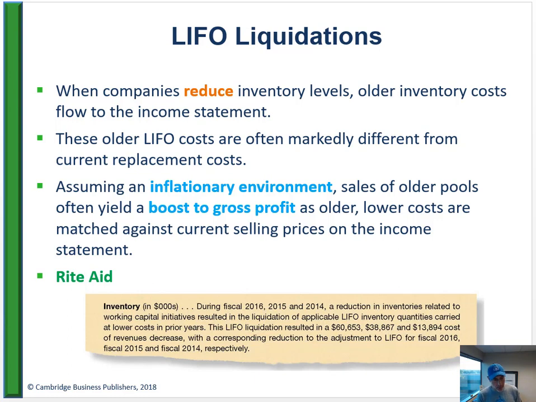Okay, moving on. Lastly, under this learning objective, LIFO liquidations, and here the authors are pointing out that running inventory artificially low can temporarily boost profits under LIFO. So think back to the slide we looked at a minute ago.